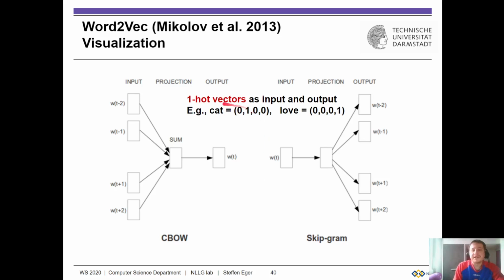And again, these indices can be represented by one-hot vectors. So let's say cat is the second word in our vocabulary, so it would have a 1 at the second position, and if love is the fourth word, it would have a 1 at the fourth position, right?